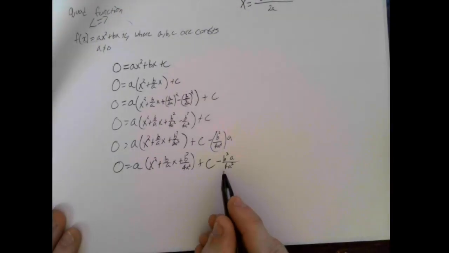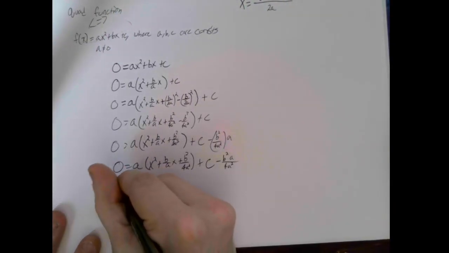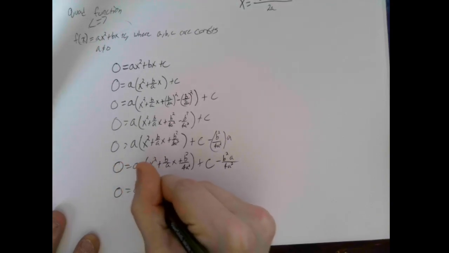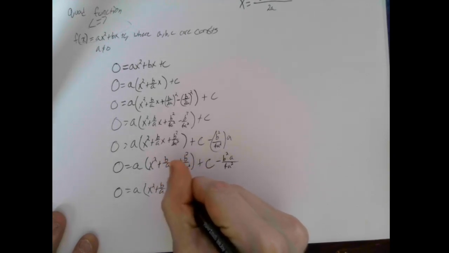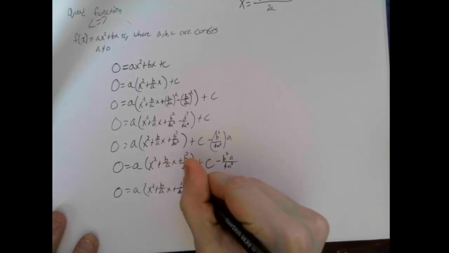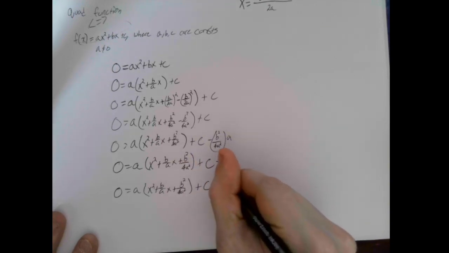And this simplifies, the a's divide, to be 0 equals a times x squared plus b over a x plus b squared over 4a squared plus c minus b squared over 4a.